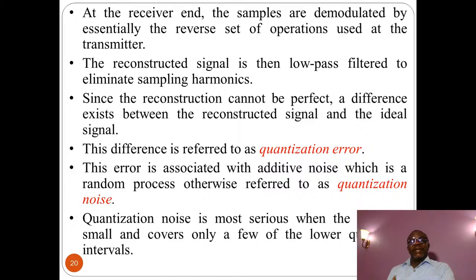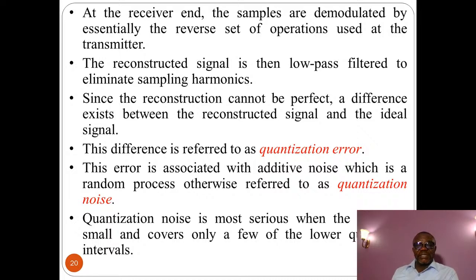At the receiving end, the samples are demodulated by essentially the reverse set of operations used at the transmitter. The reconstructed signal is then low-pass filtered to eliminate sampling harmonics. Since the reconstruction cannot be perfect, a difference exists between the reconstructed signal and the ideal signal.